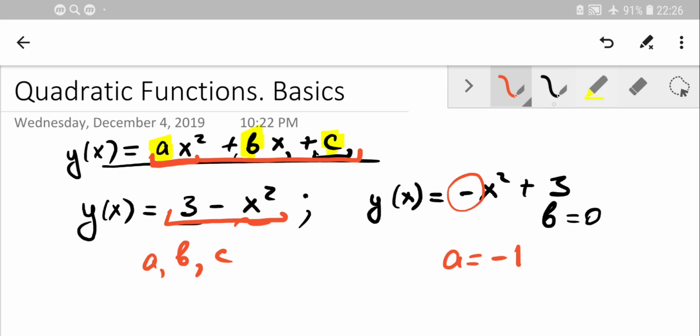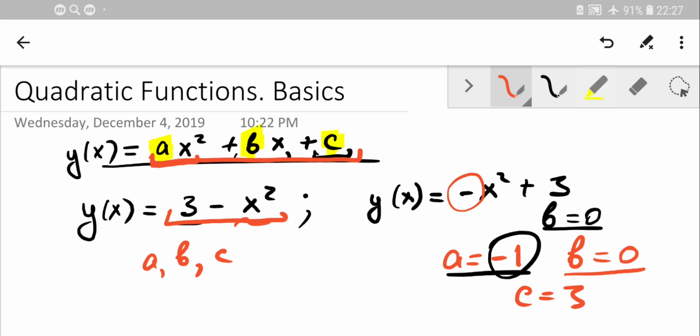Obviously it's -1, because if it were 0, that's misleading: 0 times x squared is obviously 0, so it's not possible. So the only possible coefficient is -1. As we mentioned, b is 0. And what about c? c is the last coefficient, so it's 3.